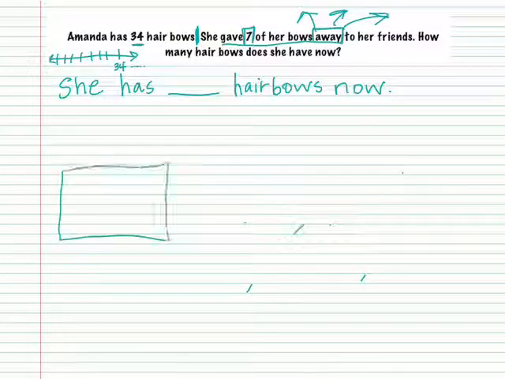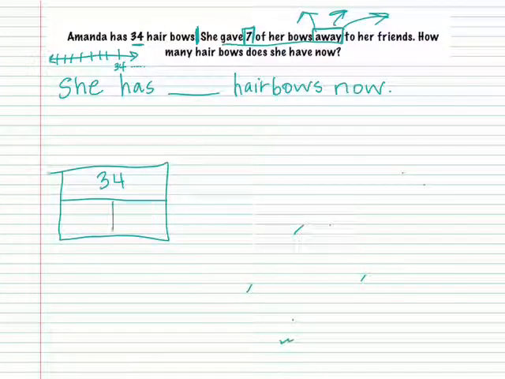So I'm on step 2 because I already have my statement. I know she has blank hair bows now. I'm going to go ahead and draw my picture or my bar model. So I know that the total number of hair bows that she had was 34. This is a little different than addition. In addition, we have the 2 numbers at the bottom and we don't know the top. But in subtraction, we know that top. We know the total.